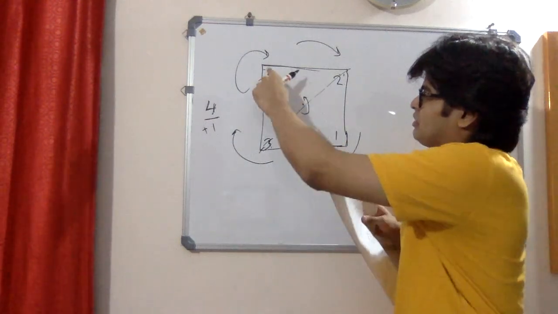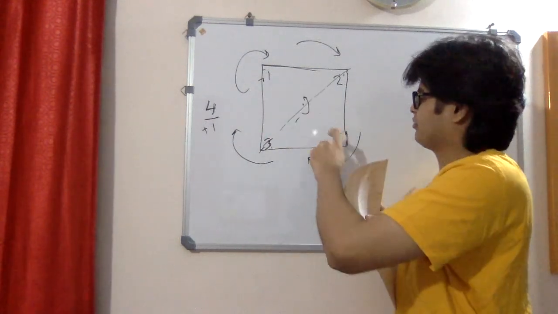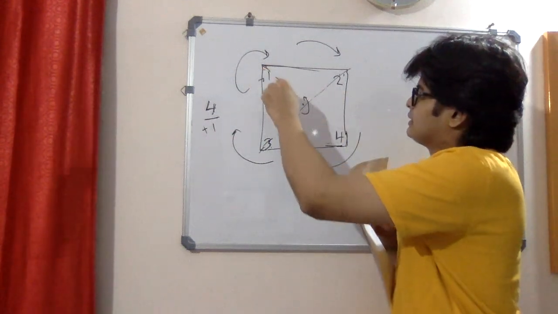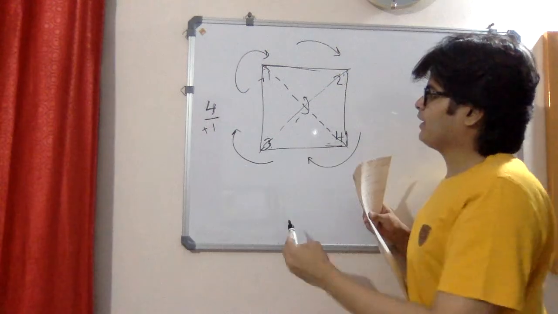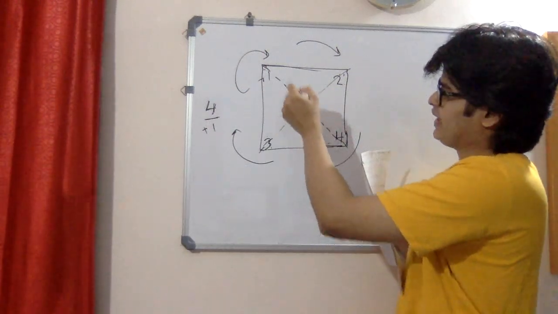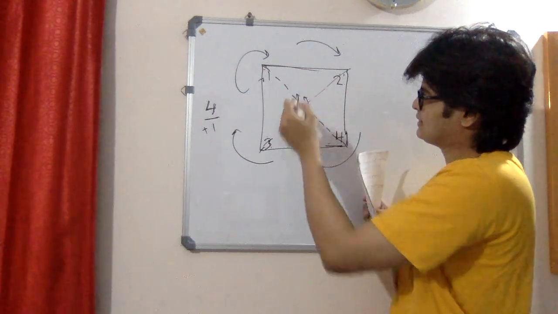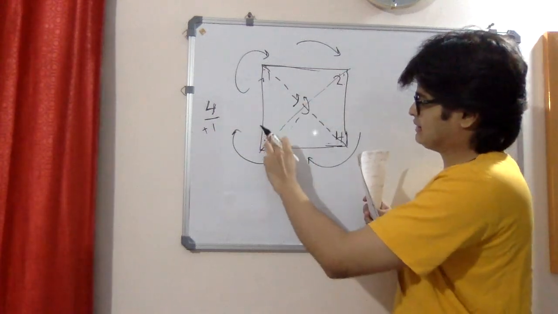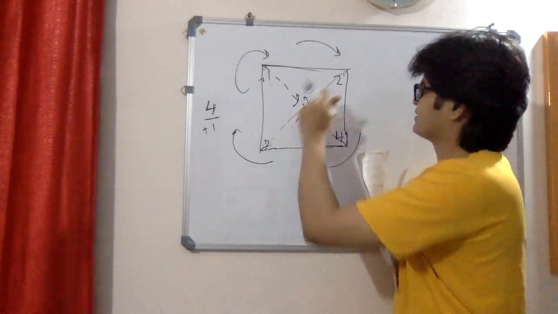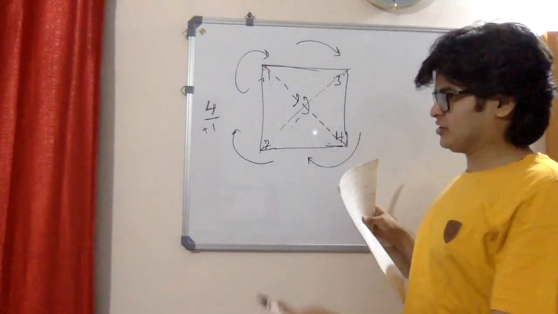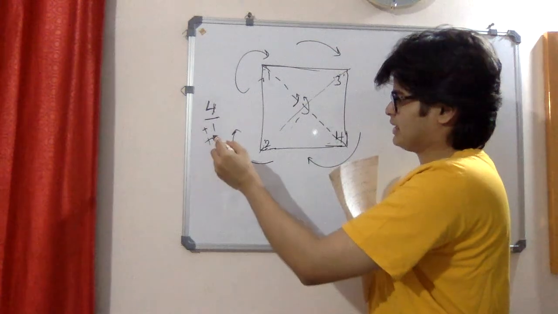Now coming back to what we had, if we consider this diagonal as an axis and rotate it somewhat like this, then these vertices would shift their places and they get swapped. So this is another symmetry which we have.